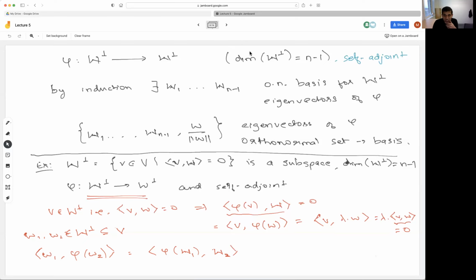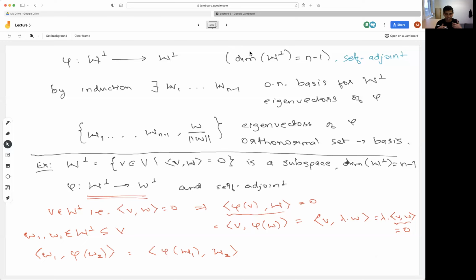So I claim that this kind of completes the induction, or at least if we assume that there is one eigenvalue, then it tells us how to find an orthonormal basis of eigenvectors, because if you have an n-dimensional space, there is one eigenvalue. You sort of think of the eigenvector W and this space W perp, which is of one less dimension. The transformation maps this space to itself and is still self-adjoint.